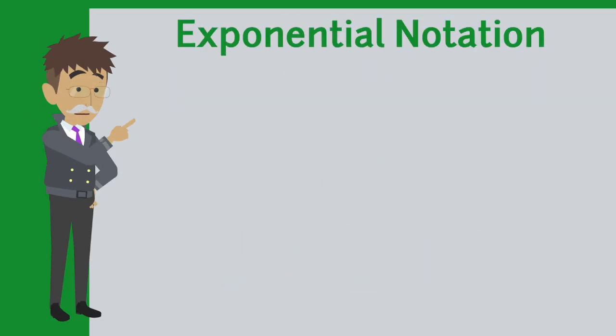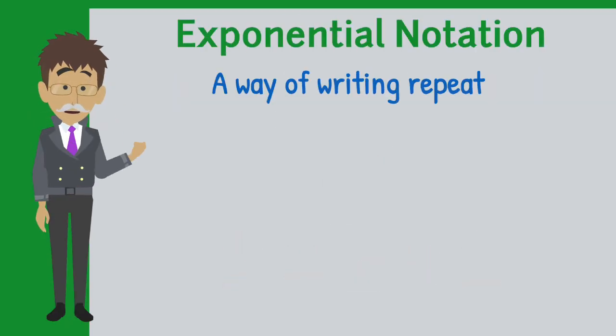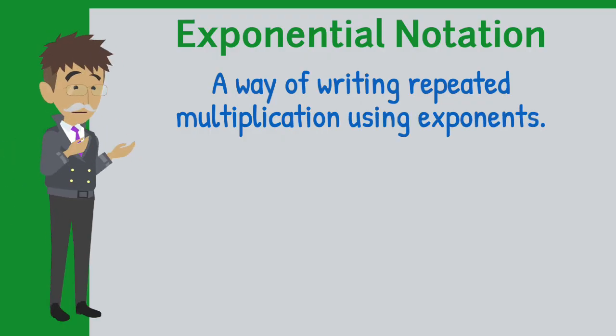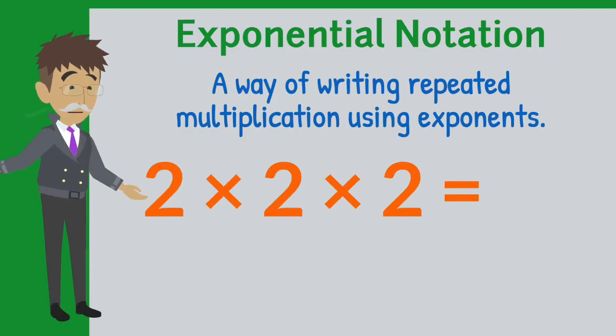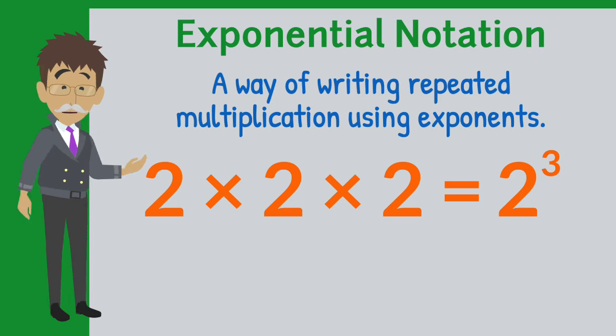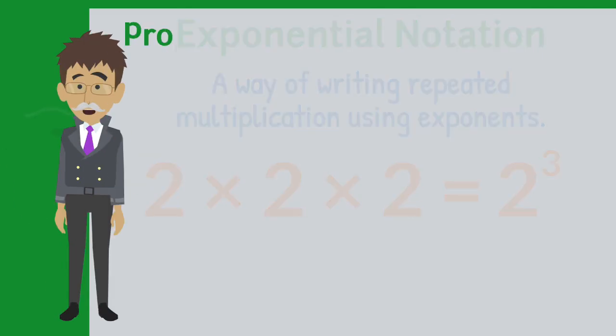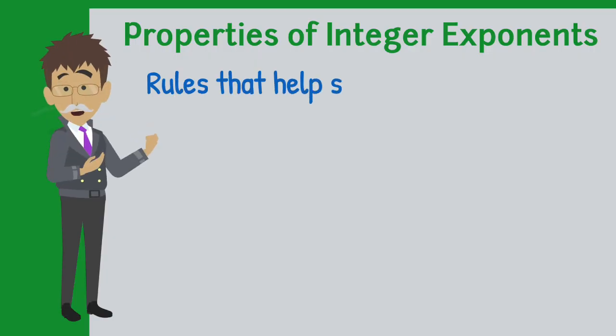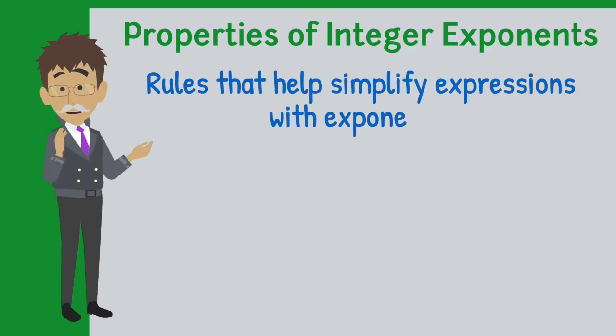Exponential notation. A way of writing repeated multiplication using exponents. For example, 2 times 2 times 2 equals 2 to the third power. Properties of integer exponents. Rules that help us simplify expressions with exponents.